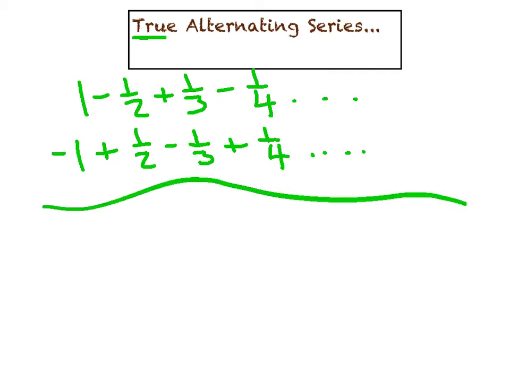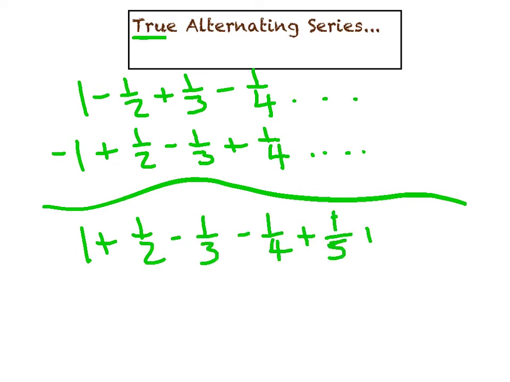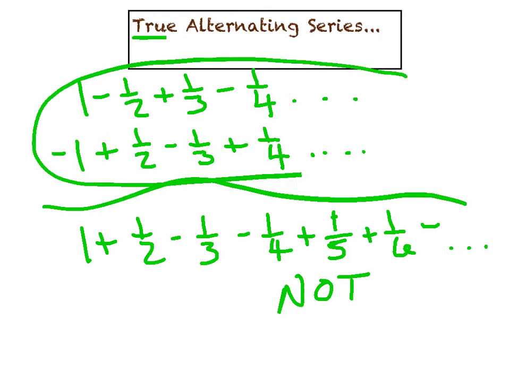One that you want to watch out for: if I go positive, positive, and then negative, negative, and then continue to do this, positive, positive, negative, negative, that is not an alternating series, okay? In order to be an alternating series, you truly have to change signs on each and every term.